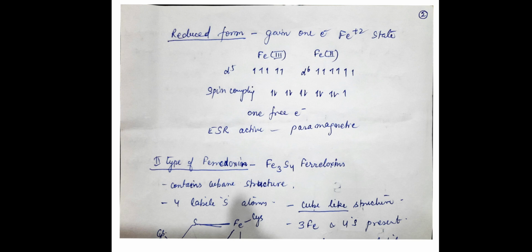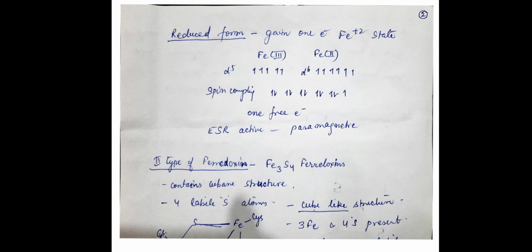Now another one is the reduced form. Reduced form gains 1 electron, so only one iron metal atom converts to Fe+2 from Fe+3. So of the two irons, the first is iron +3 and the other one is Fe+2. Here d5 configuration, here d6 configuration. Why d6? Because of the gain of 1 electron.